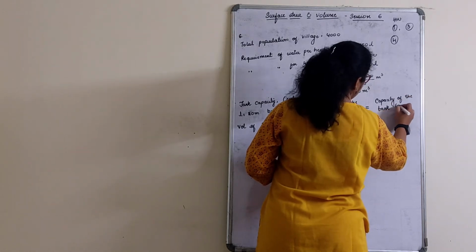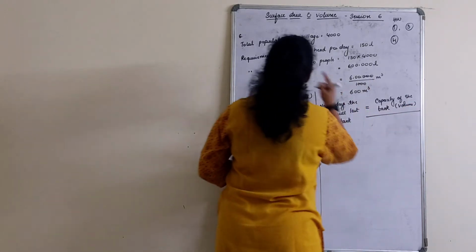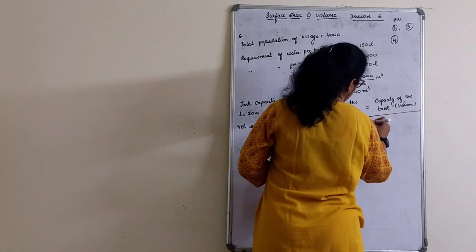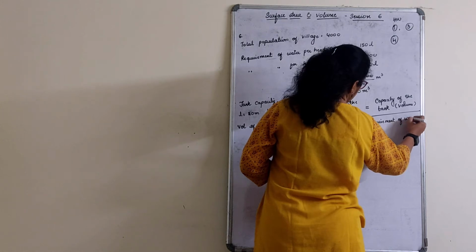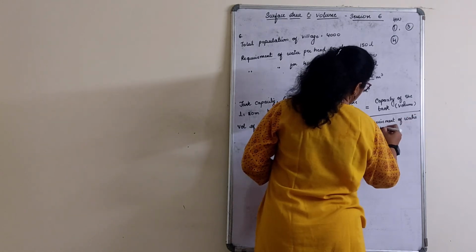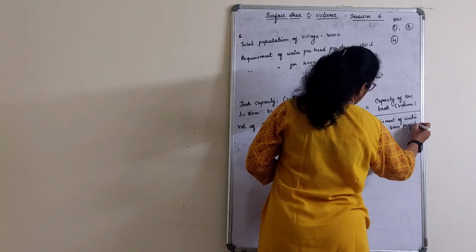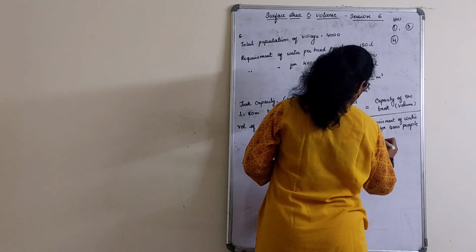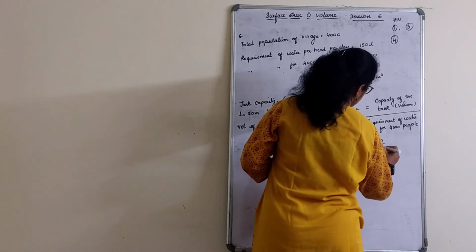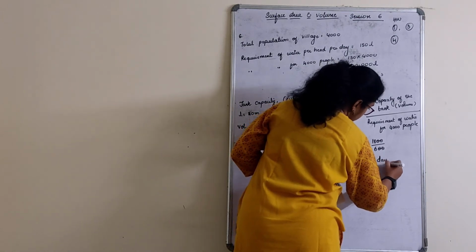What is capacity of the tank? Volume, divided by requirement of water for 4000 people. 1800 divided by 600. So water will last for 3 days.